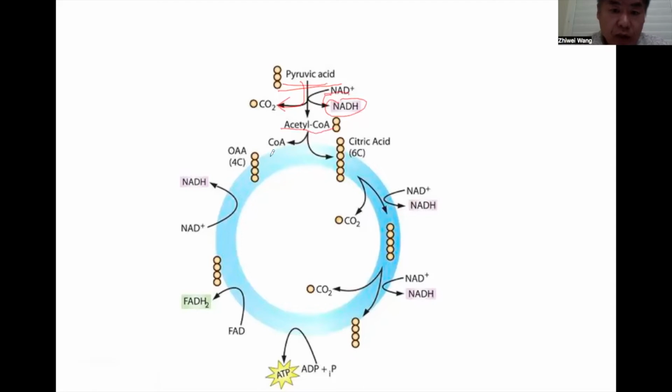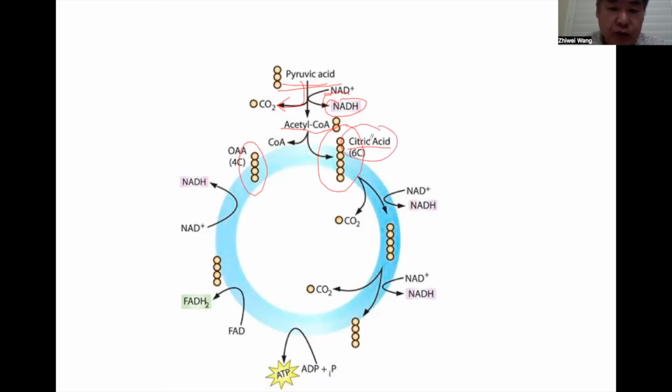And acetyl-CoA will combine with oxaloacetic acid. That's the 4-carbon molecule. You'll form a 6-carbon molecule. That's the citric acid. So citric acid is the first molecule produced in this Krebs cycle or the TCA cycle. That's why this process is sometimes also called the citric acid cycle.